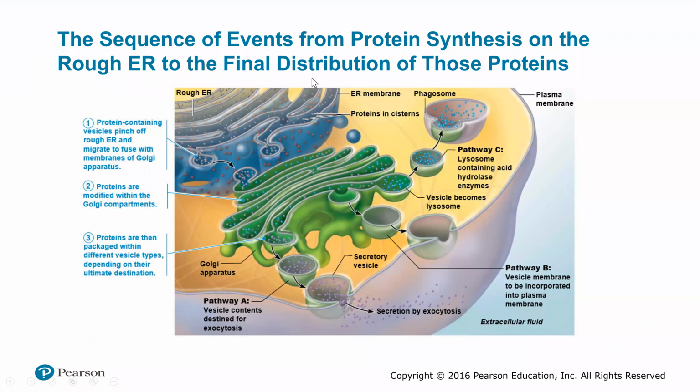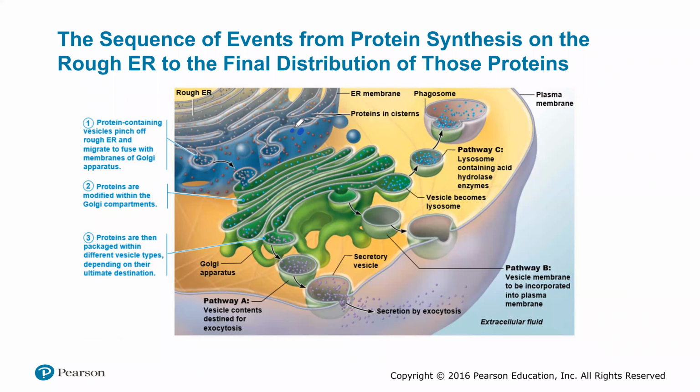So this diagram shows us the sequence of events from protein synthesis on the rough ER to the final distribution of those proteins.